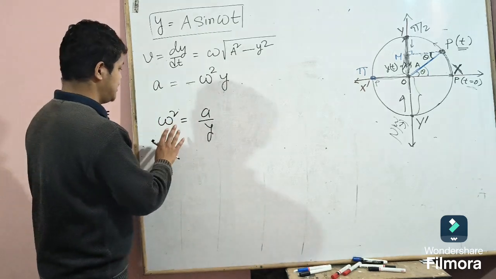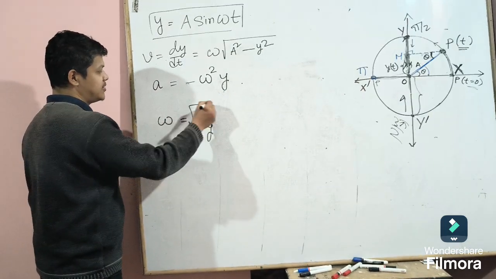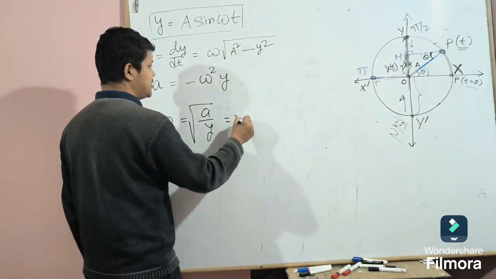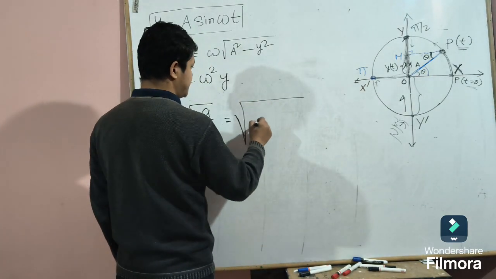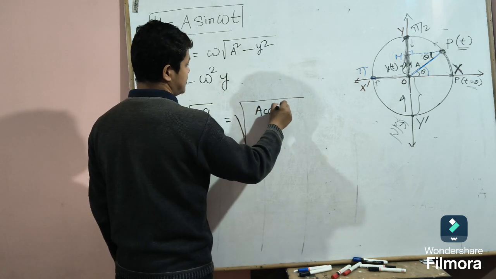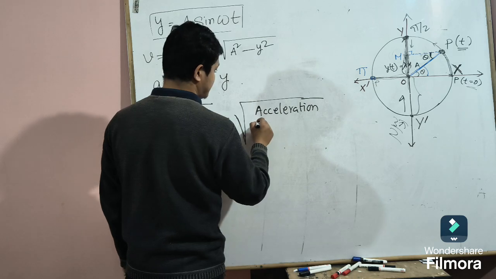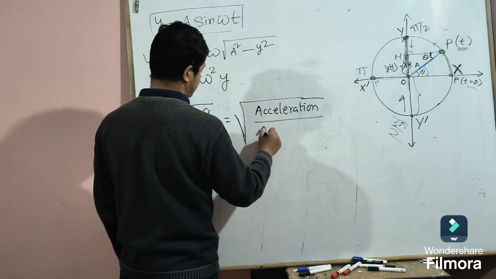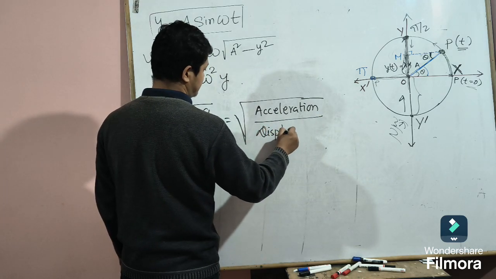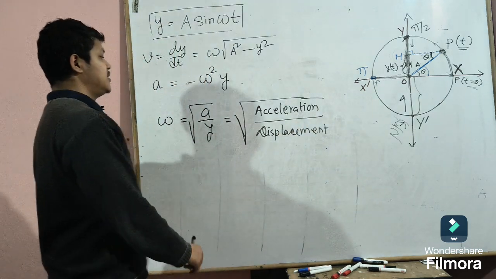So here we don't need this minus sign in this case. So omega is equal to root over this. So you can write omega is equal to, that means acceleration, not amplitude, acceleration divided by displacement. Right? You can write this.